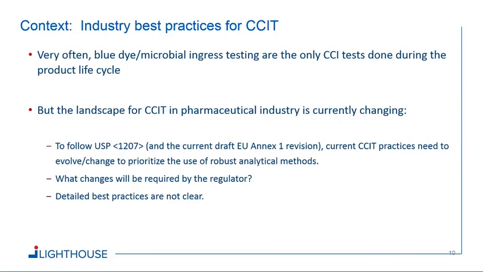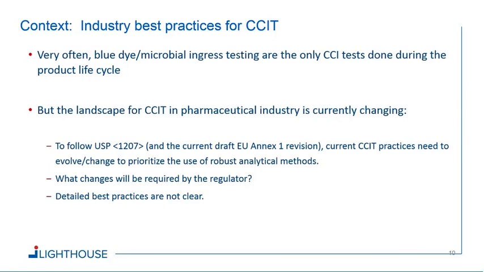Of course, the question is, what changes will be required by the regulator? So USP 1207 is a chapter that is above 1,000, so it is not a required chapter, but is seen as recommendations. And I think that's why we have right now a little bit of confusion in the industry, and the detailed best practices for CCIT are not clear.